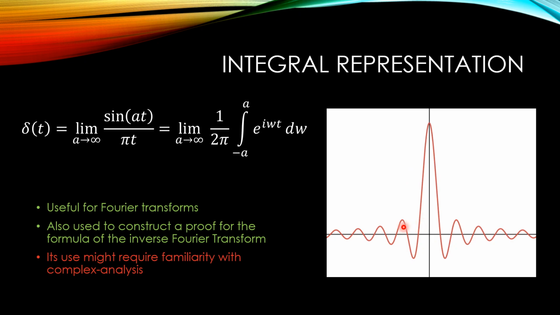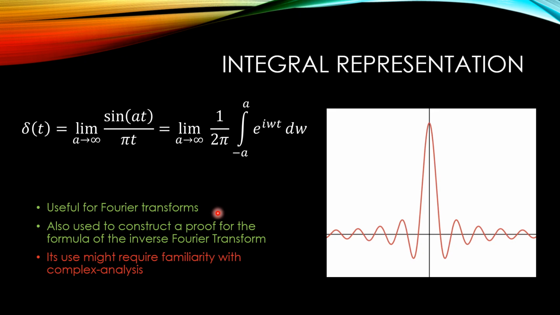As I said, it is quite useful while dealing with Fourier transforms. In fact, it is also used to construct a proof for the formula of the inverse Fourier transform.